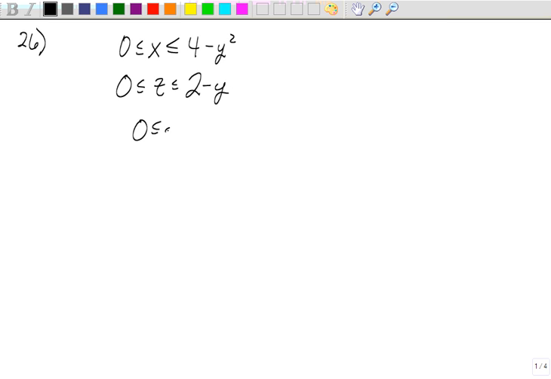Okay, 26. X is between 0 and 4 minus y squared. Z is between 2 minus y and 0. And y is between 0 and 2. So we have the shape. We have a parabola.